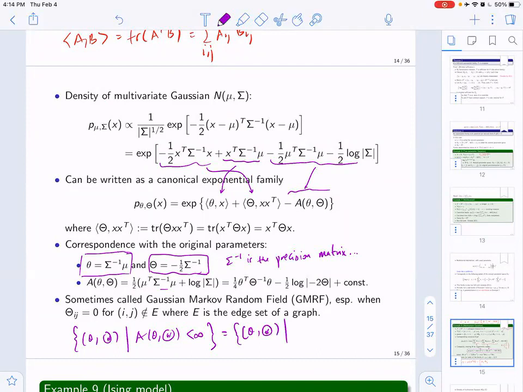So can little theta and capital theta be anything that I want, or is there a restriction? Capital theta has to be positive definite. Yes, so it has to be positive semi-definite, exactly. Actually, this is not positive semi-definite, it's the opposite. It has to be negative.